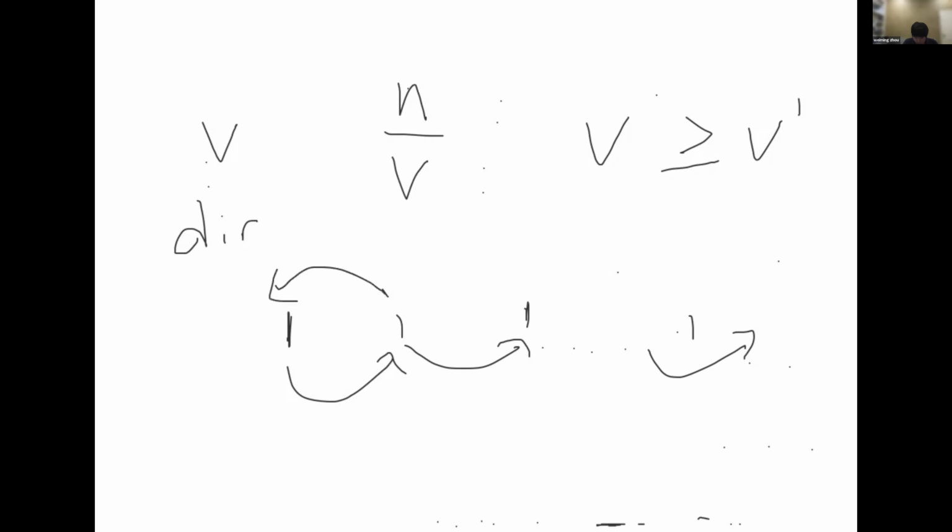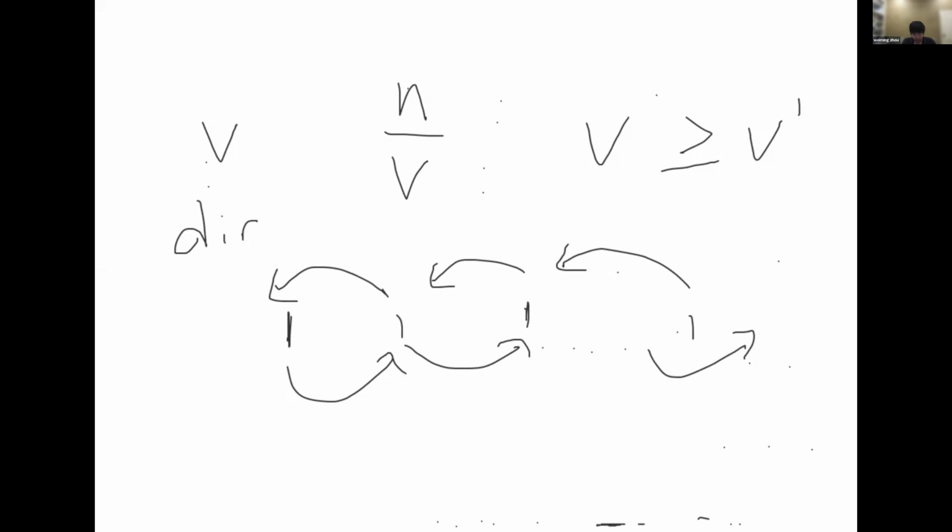Basically, she can only visit these particular positions that are of distance v from where she is currently.